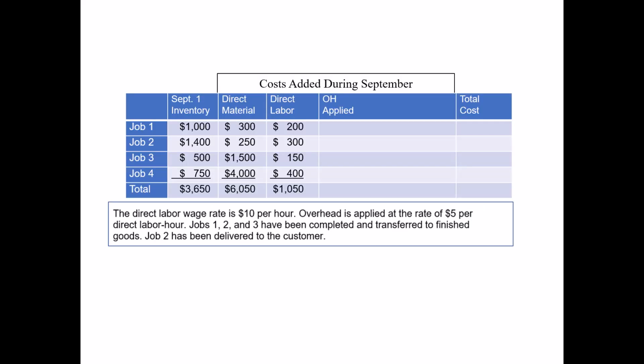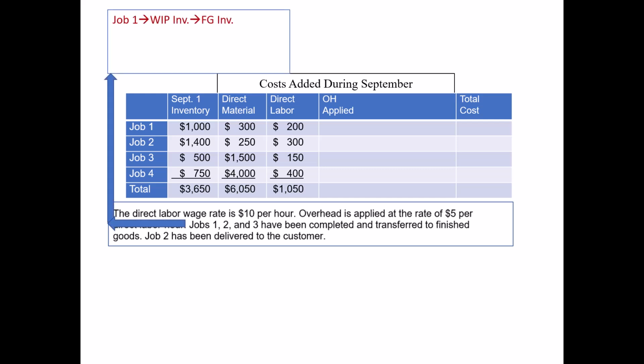Given that we know jobs 1, 2, and 3 were completed during the period and job 2 was delivered to the customer, we can see that job 1 went to finished goods and stayed there until the end of September. Job 2 went from work in process inventory to finished goods inventory, but was sold by the end of the period, so the cost went into the cost of goods sold account.